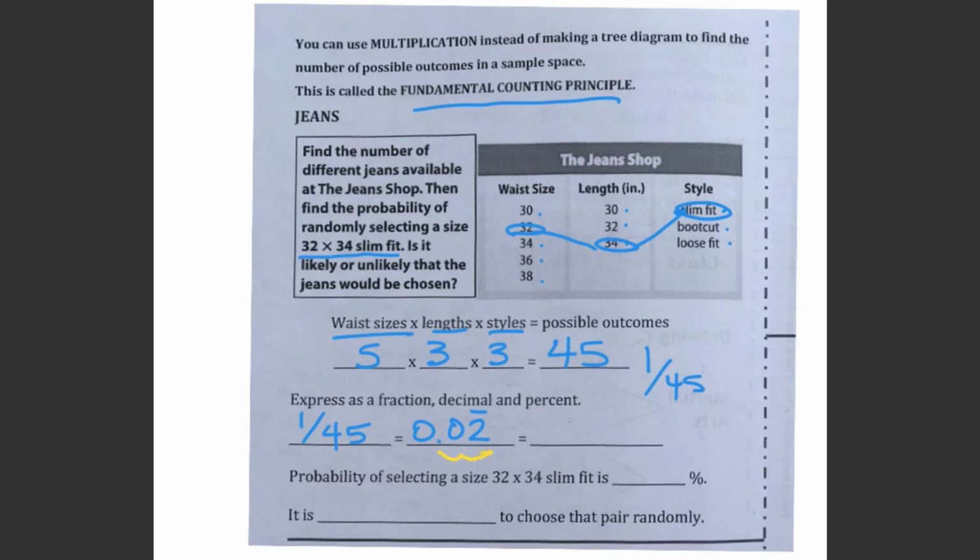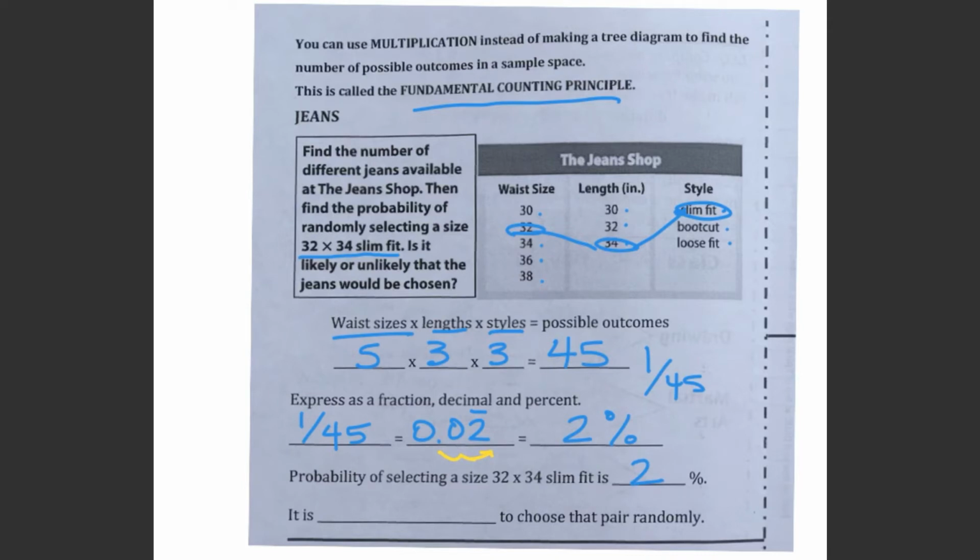So I like to say we're going to move that decimal 2 to the right, or you could say we're going to shift that number 2 to the left. Either way, you get the same answer. It's going to come out as 2% rounded to the nearest whole number. If you round to the nearest tenth, then 2.2. Let's just take it to the nearest whole percentage. So it's about a 2% chance.